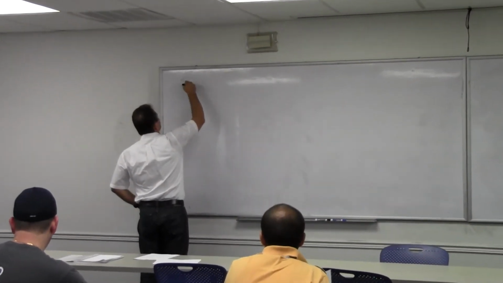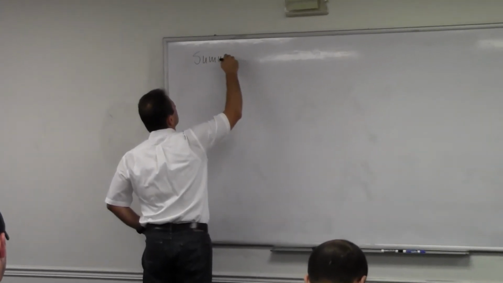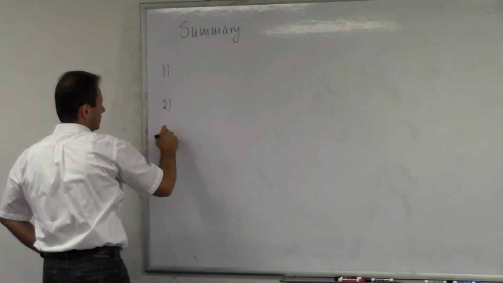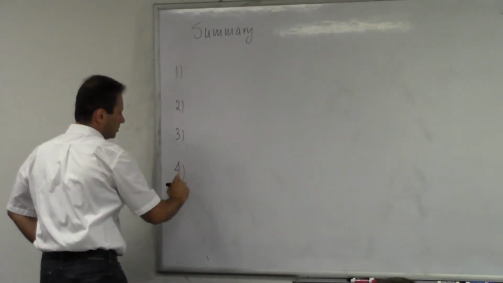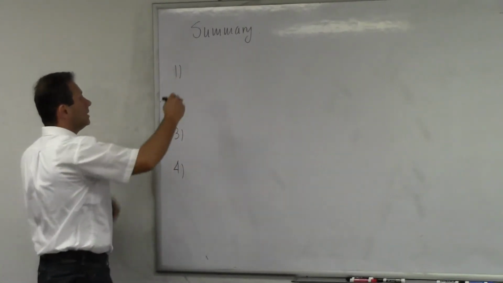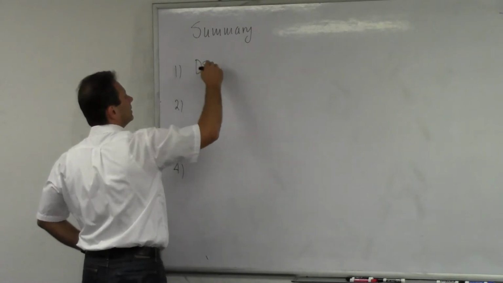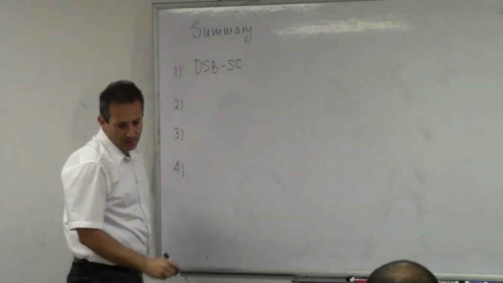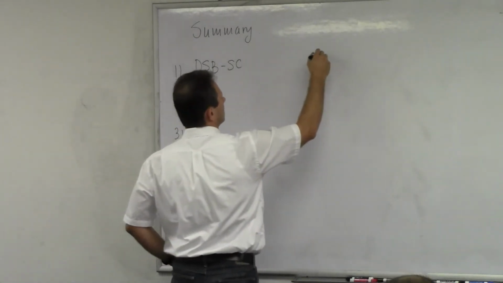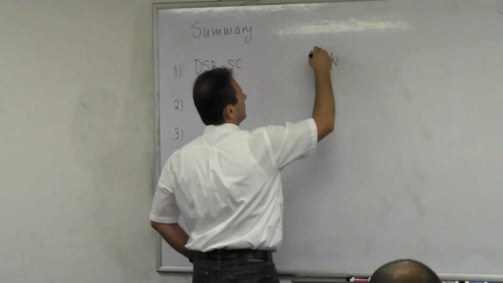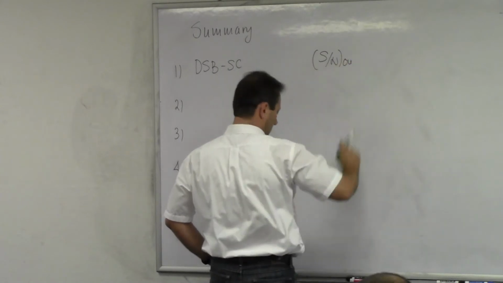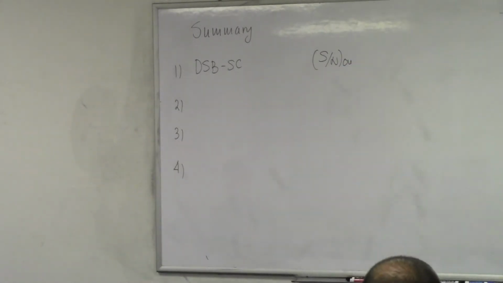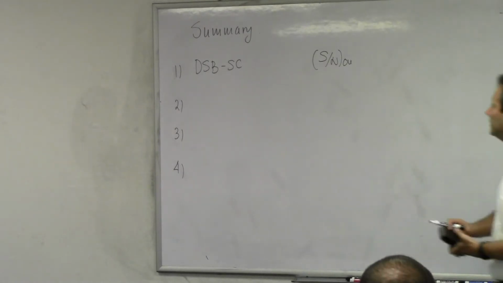So, summary. We have 1, 2, 3, 4 modulation schemes that we covered. The first one was double sideband suppressed carrier. What was the signal to noise ratio in this one? Signal to noise ratio at the output.